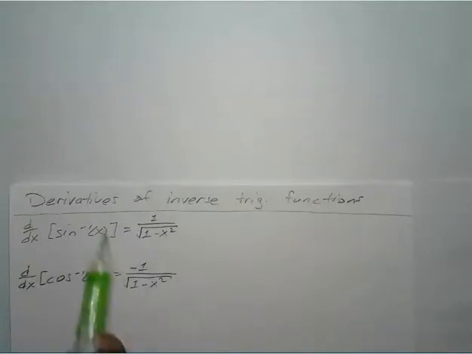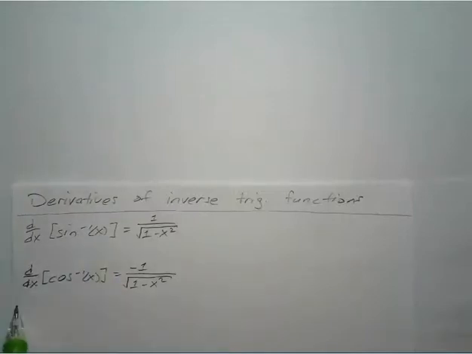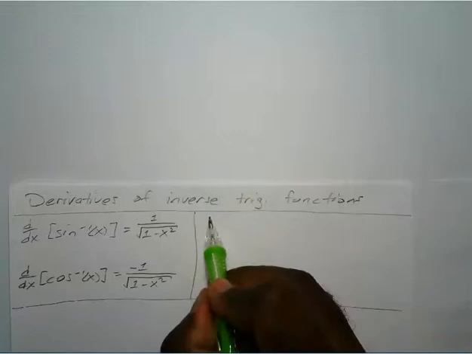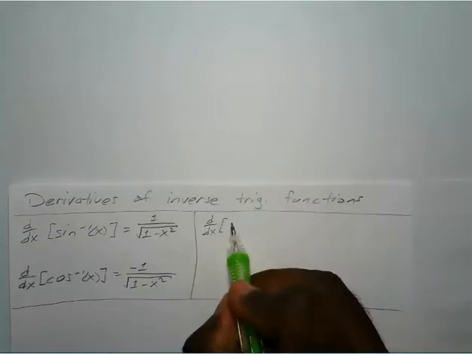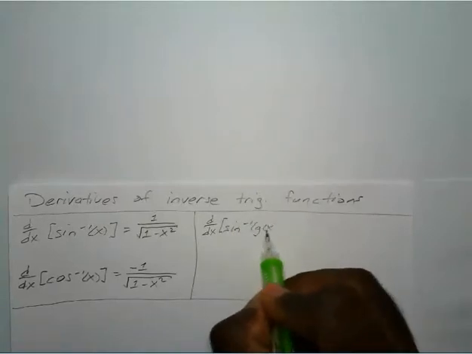Now what if, instead of just the term x, you have a function in there? What if you have 3x squared plus 5x plus 4 or something like that in there? Well, that one's not too far off. Let's say you have the derivative of sine inverse of some function of x.